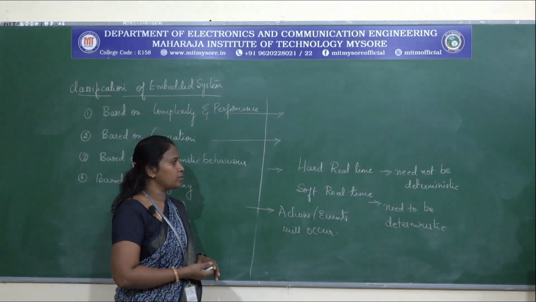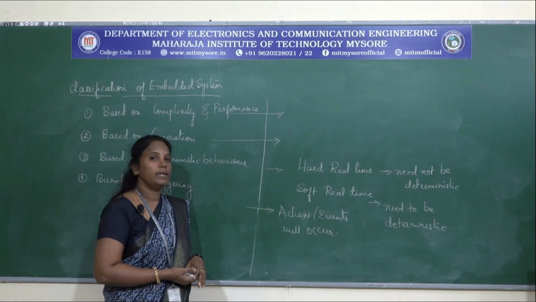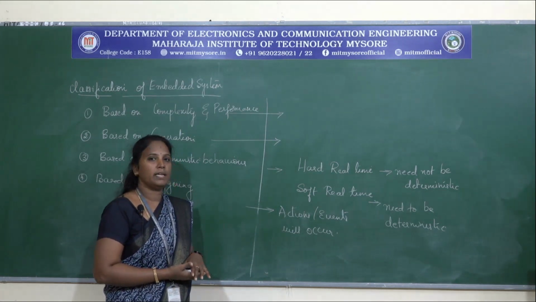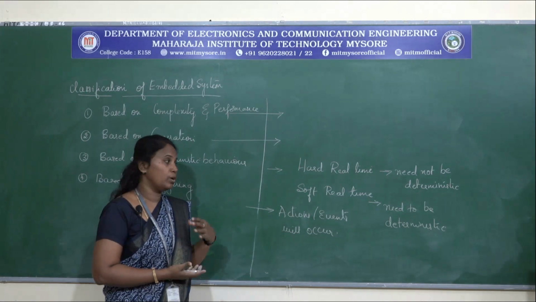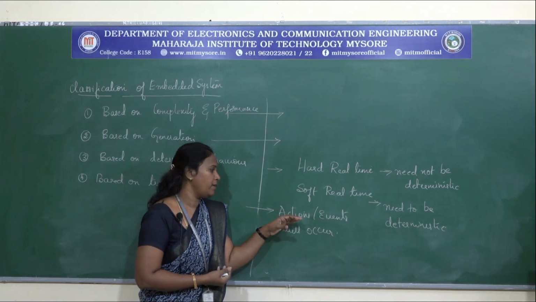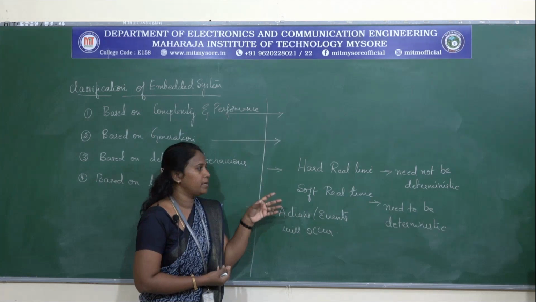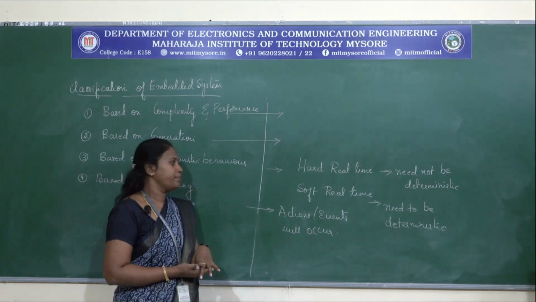That's why in the case of hard real time, there are chances that it can miss the deadline. In case of soft real time, it is not going to miss the deadline, and it is going to perform some event or action when some triggering event will happen.